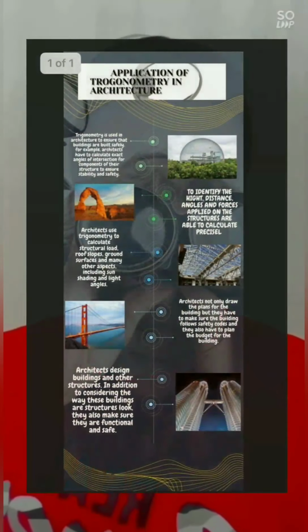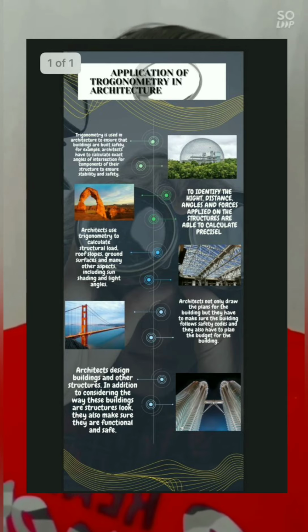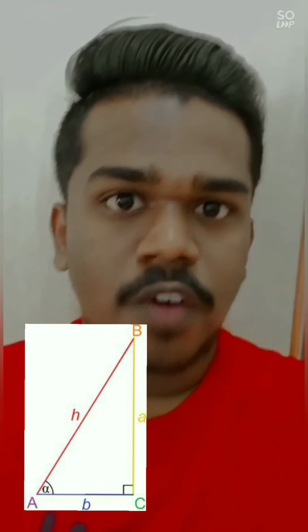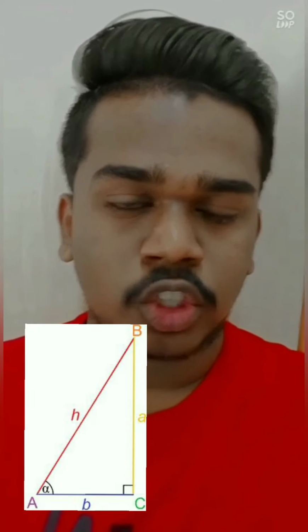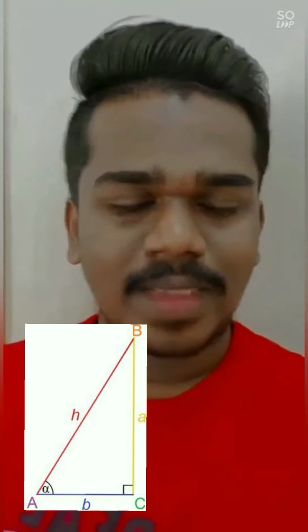Trigonometry is used in architecture to ensure that buildings are built safely. For example, architects have to calculate the exact angle of intersection for components of their structure to ensure stability and safety.